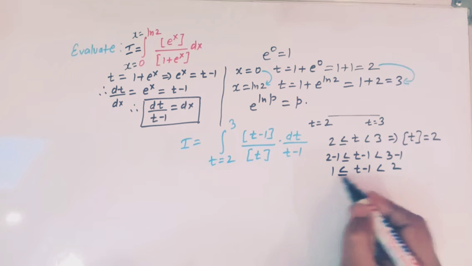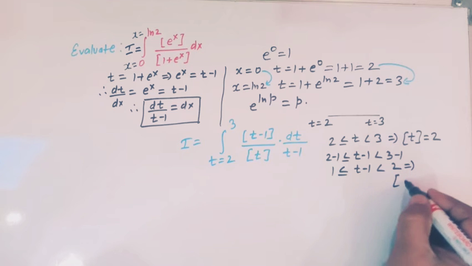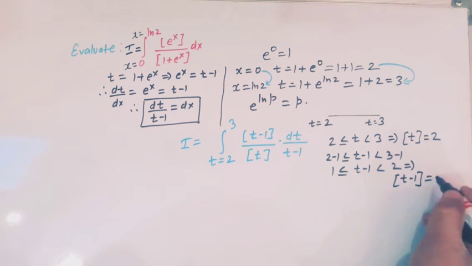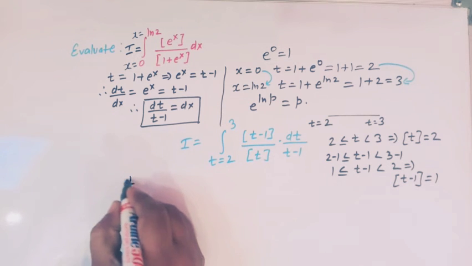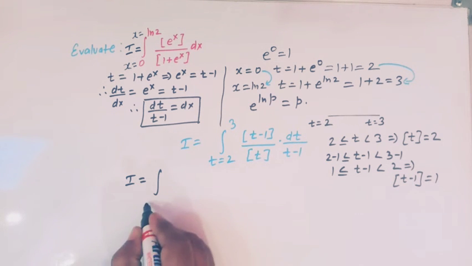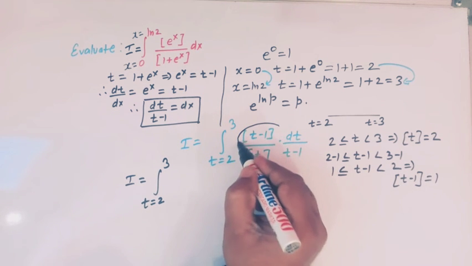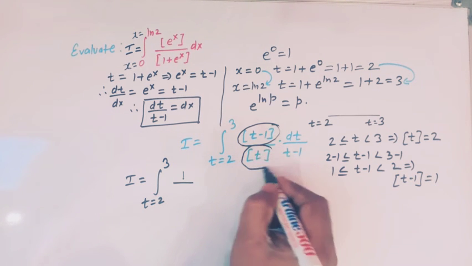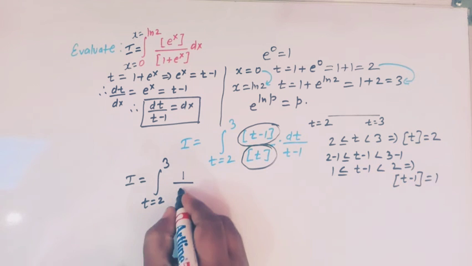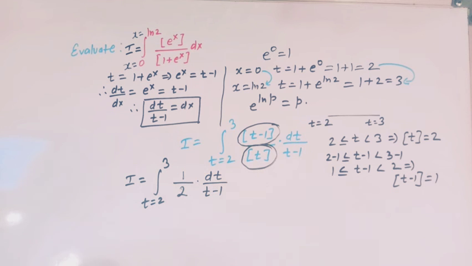So when t minus 1 lies between 1 and 2, the greatest integer of t minus 1 is equal to 1. Now this integral I can be written as the integral from 2 to 3 of 1 over 2, times dt over t minus 1.